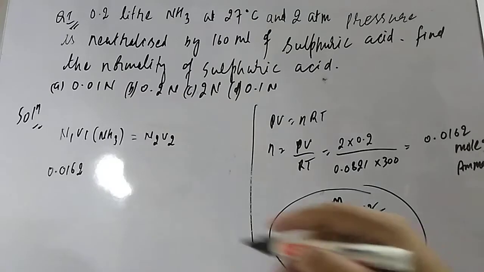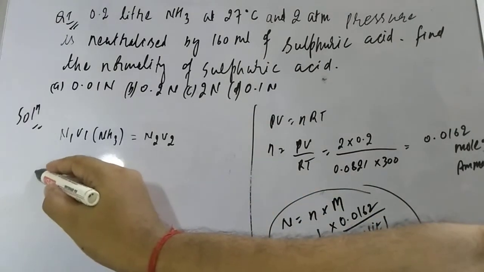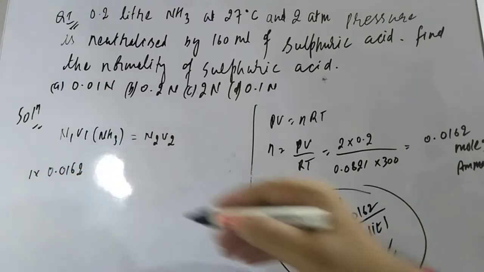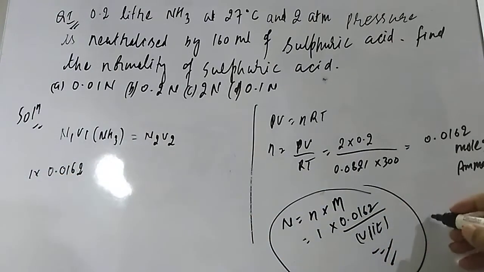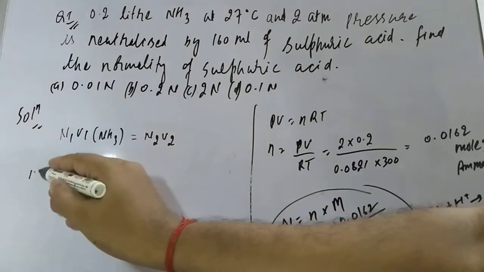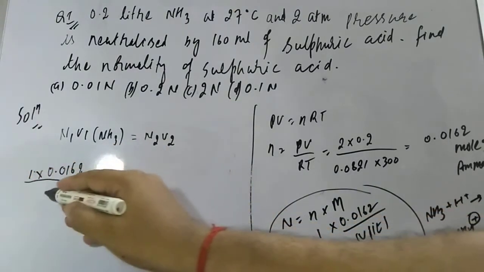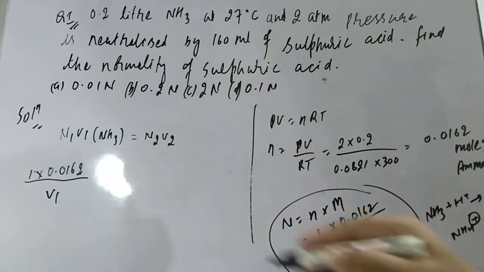So N1 we can write as 1 into, because the n factor for ammonia NH3 is 1, since it takes 1 H plus ion and gets converted into NH4 plus. So 1 into 0.0162 divided by V1, volume in liter.